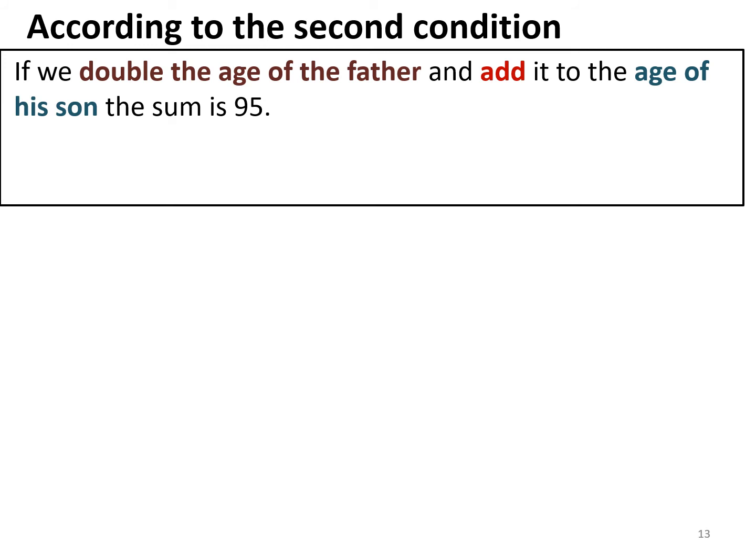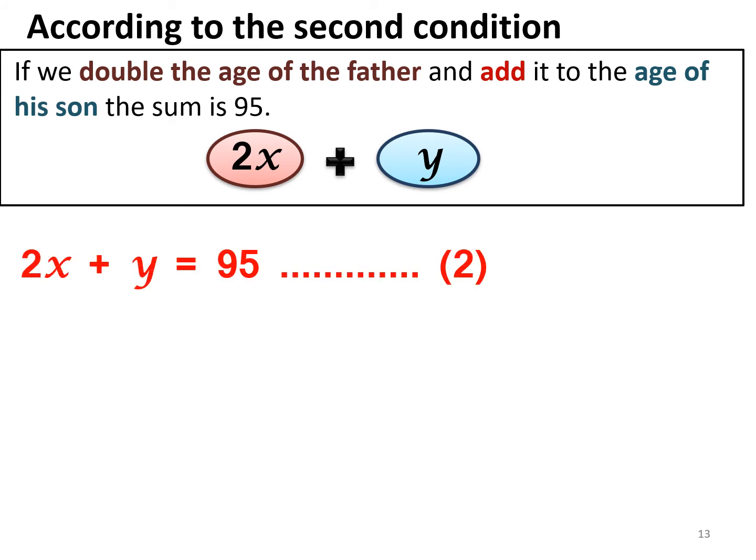Father's age is X. When you double it, it will become 2X. When you add to it the age of his son, what is the son's age? Son's age is Y. And then the sum is equal to 95. So the equation becomes 2X plus Y is equal to 95, my second equation.